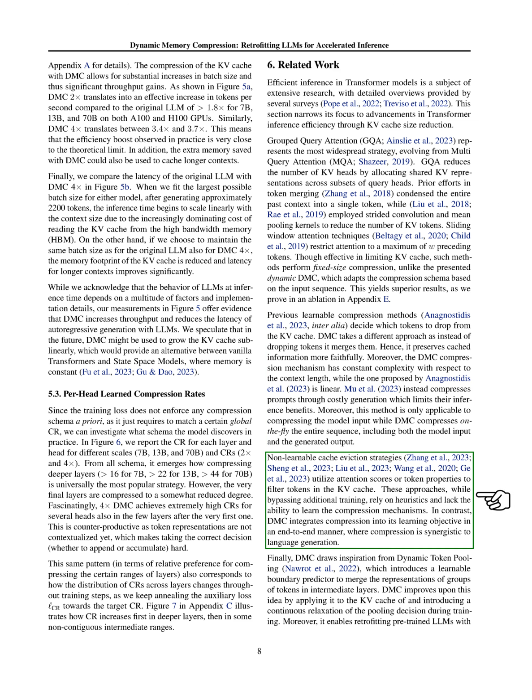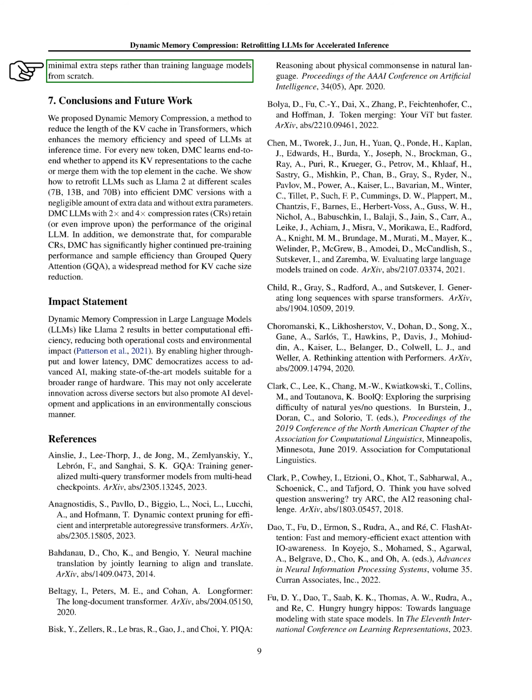Furthermore, DMC integrates compression into the learning objective in an end-to-end manner, enhancing language generation synergistically. Overall, our findings demonstrate the effectiveness of DMC in improving efficiency and latency in autoregressive generation tasks with LLMs.